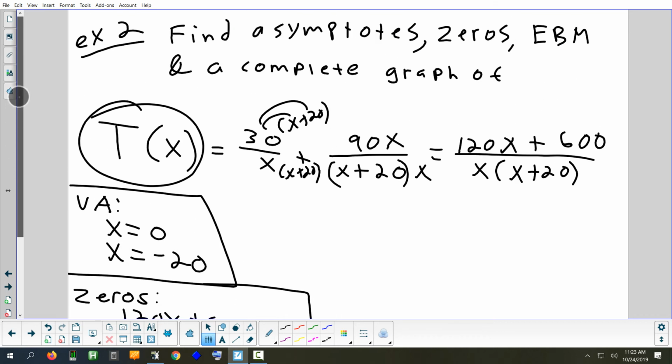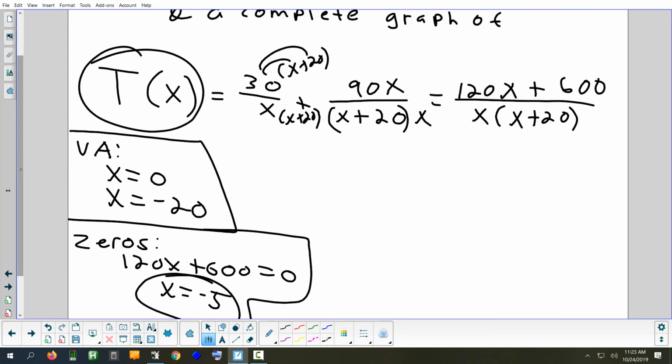All right, what else? We've got the vertical asymptote. Let's do the EBM. It's a lot easier to look at if you combine it all together. What's the highest degree term in the top? The term of degree 1, 120x. And what's the term with the highest degree in the bottom? X squared. You'd have to FOIL it out, but x squared.